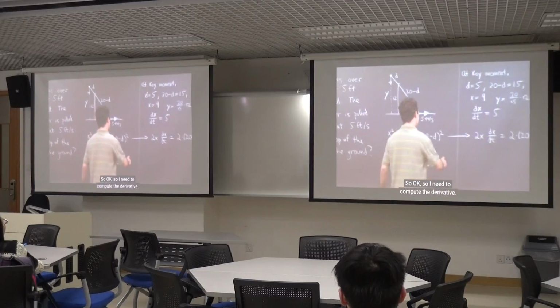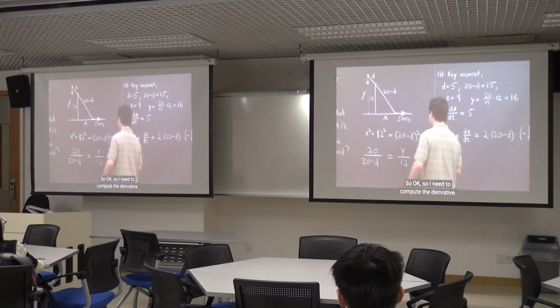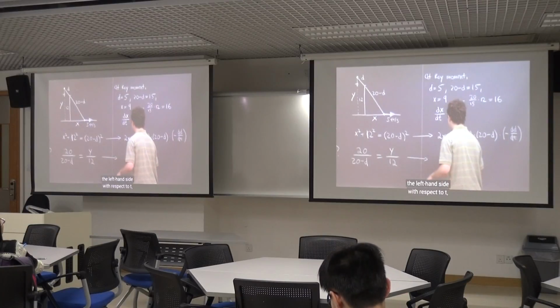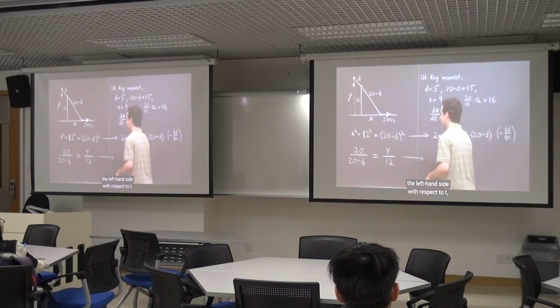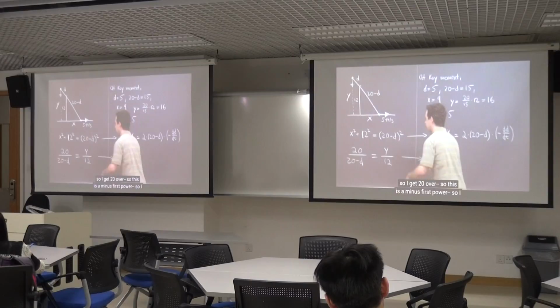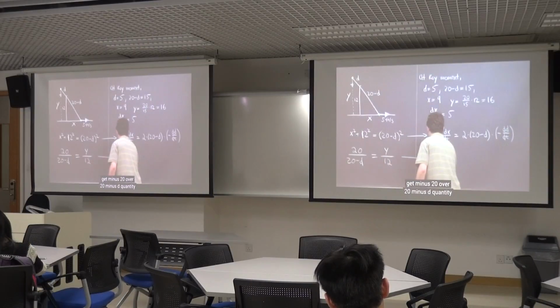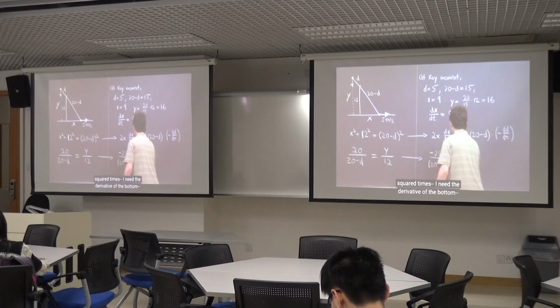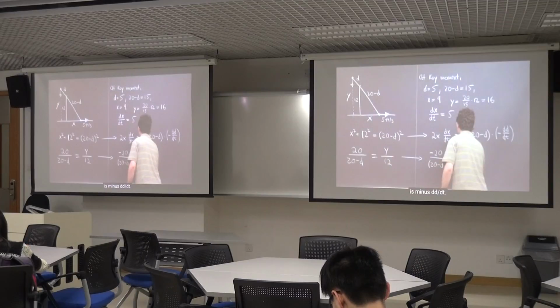So I need to compute the derivatives. This is an identity, so I can take its derivative. I differentiate the left-hand side with respect to t. So I get 20 over, this is a minus first power, so minus 20 over 20 minus d quantity squared, times the derivative of the bottom, which is minus dd/dt.